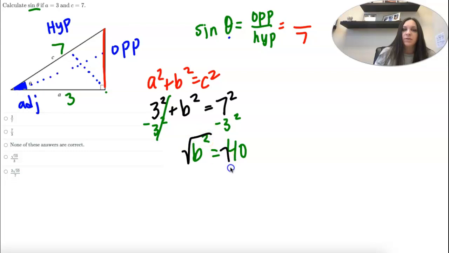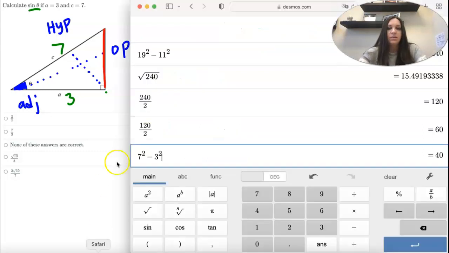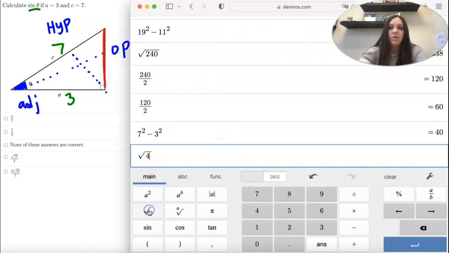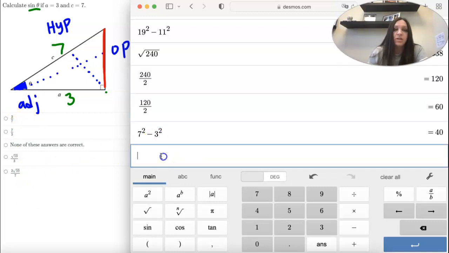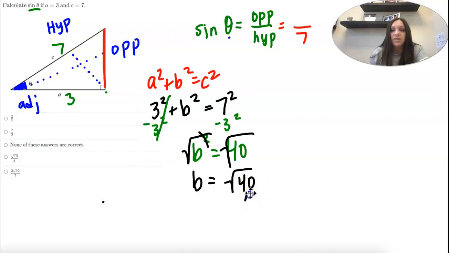And then take the square root of both sides. So B is the square root of 40, which is a decimal. There's no decimals allowed here. I'm looking at our answers, no decimals. So we're going to simplify this. We're going to reduce it. So 40 is 2 times 20. 20 is 2 times 10. 10 is 2 times 5.